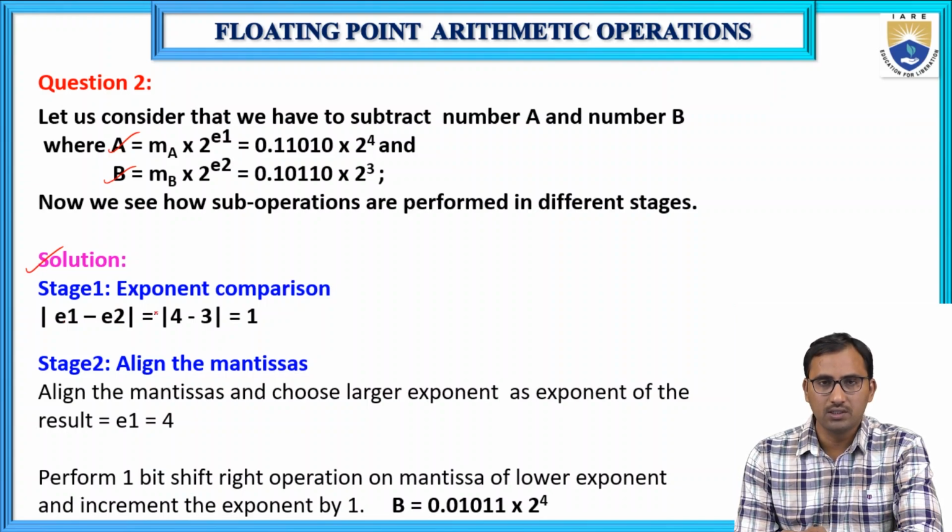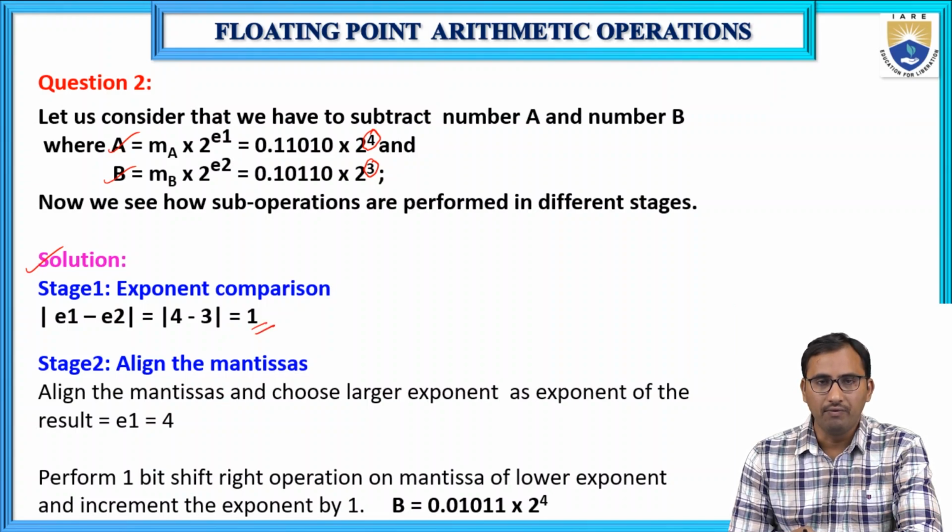So the first stage is the exponent comparison. Here the exponent comparison is mod of E1 minus E2, that is equal to mod of 4 minus 3, because the exponent of the first number is 4 and the exponent of the second number is 3. So 4 minus 3, that is equal to 1. That means the difference in exponents is 1.